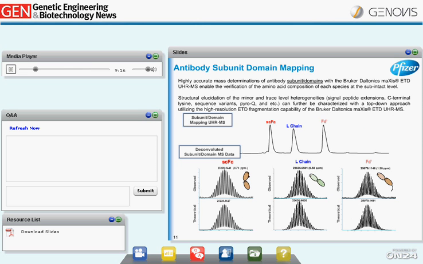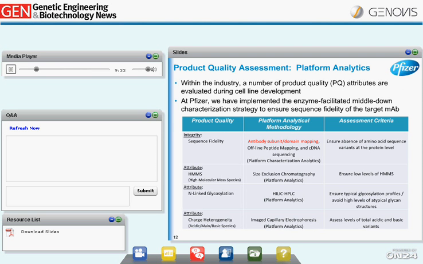They're all less than 1 part per million, with the exception of the FD, which is just a little bit over 1 part per million. What this enables us is to get at the sequence fidelity of each of these domains and subunits for a given monoclonal antibody. We use this technology to establish sequence fidelity in a general scheme when we nominate a clone.